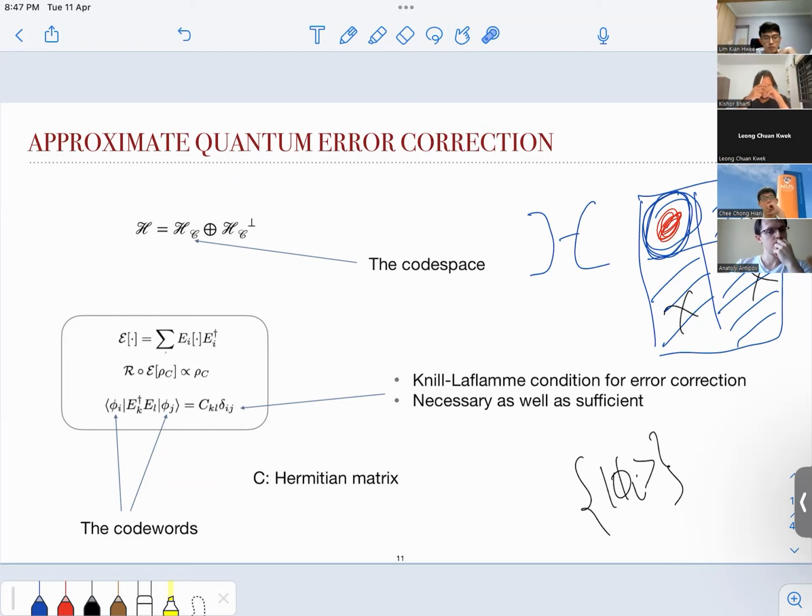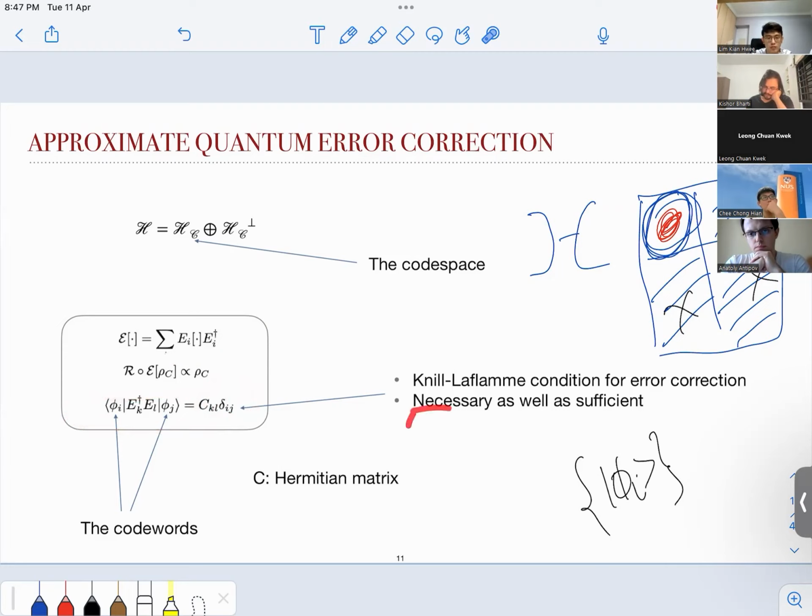And this Hermitian matrix C_kl you get there is not the identity because the Kraus representation is not unique; it is unique only up to a unitary. Because of that, we get the Hermitian matrix here. This condition is called the Knill-Laflamme condition for error correction.